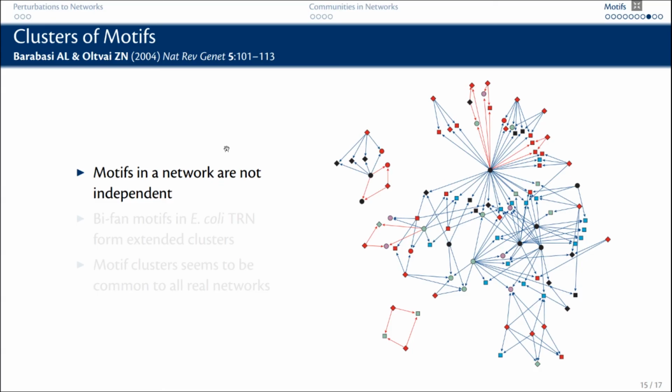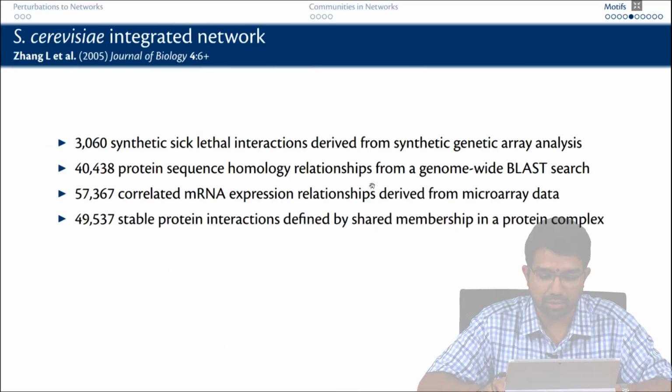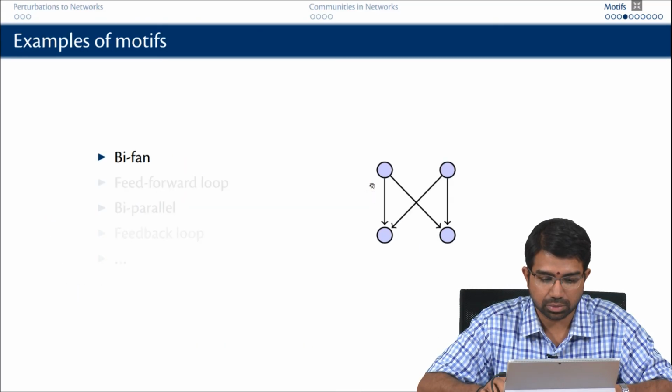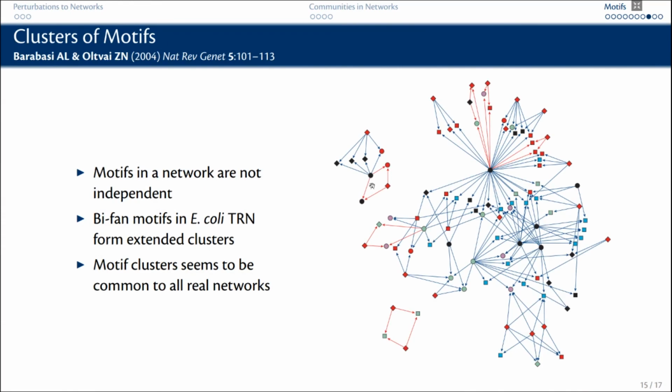As you were just mentioning, motifs form clusters themselves, right? So they find that bifan motifs in E. coli transcription regulatory network form extended clusters. So many of these are bifans and they form extended clusters. To recap, a bifan looks like this. This is a bifan. And motif clusters seem to be common to all real networks.